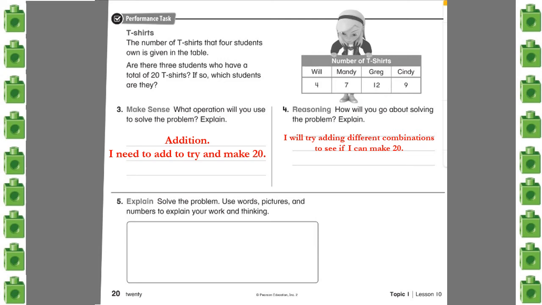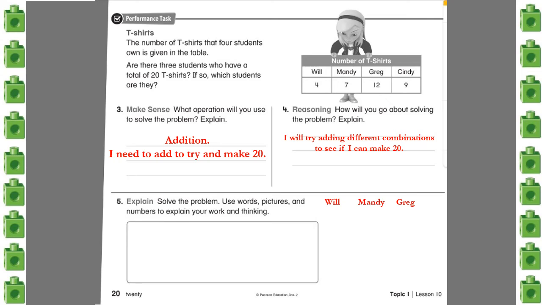Okay. Now number 5. Explain. Solve the problem. Use words, pictures, and numbers to explain your work and thinking. And remember, the problem was at the top. Are there 3 students who have a total of 20 shirts? That's a yes or no question. If so, which students are they? Well, let's see.